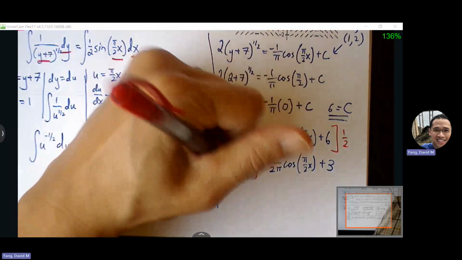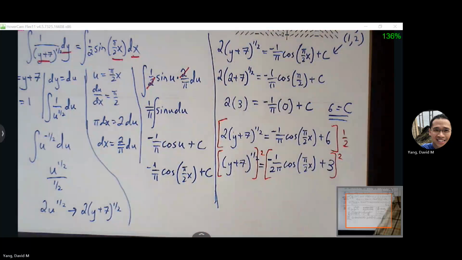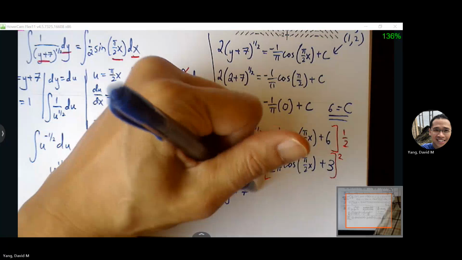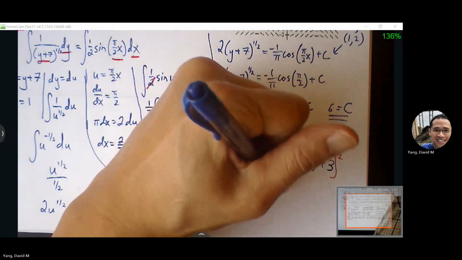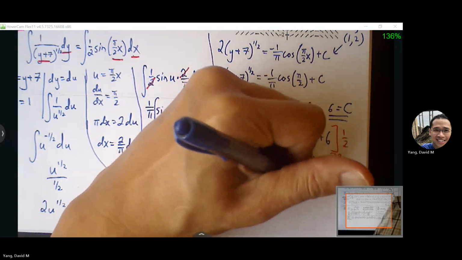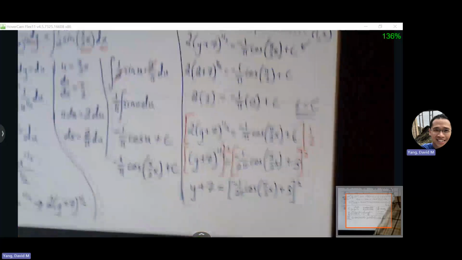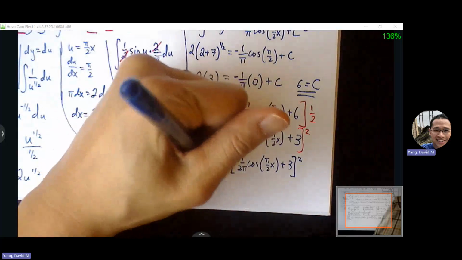Okay, square both sides. And finally, we'll move that 7 over to the right. And then there we have it. It's a long problem, right?